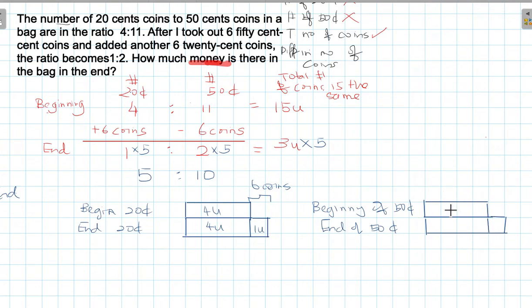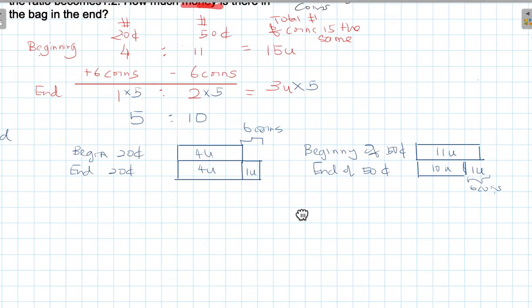So here is 11 units. Sorry, I wrote wrongly over here. Here is 10 units. So you have 1 unit. 1 unit is because of what? It's the removal of 6 coins. So over here, you know that it's actually 6 coins also.